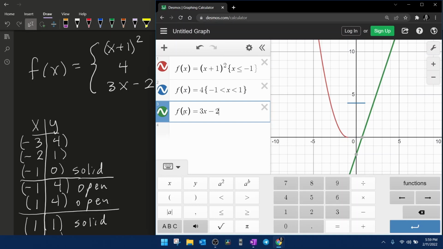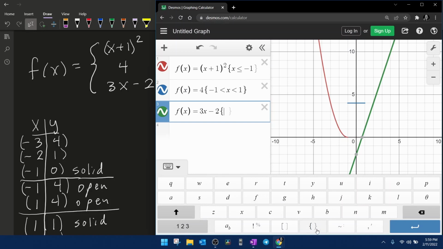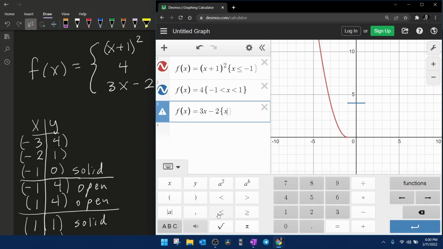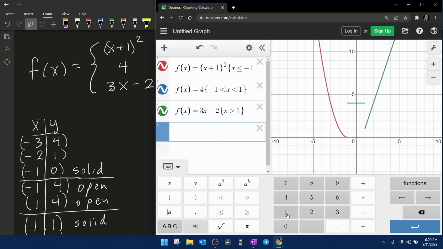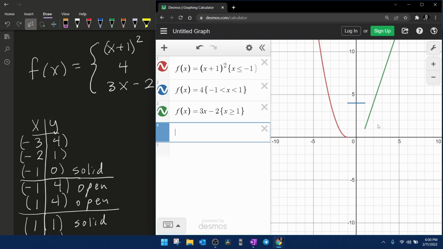And then don't forget, we need to restrict the domain. Grabbing another set of braces, this time x must be greater than or equal to 1. And there is the last piece of the graph.